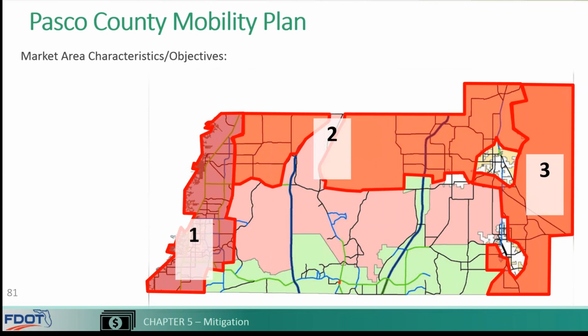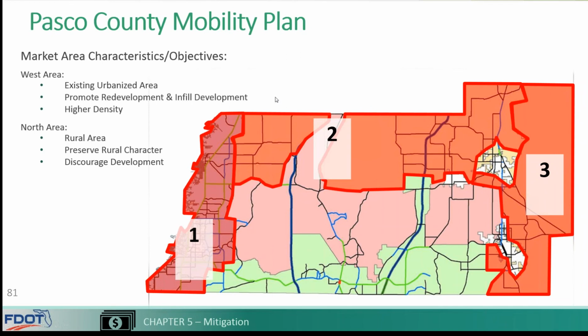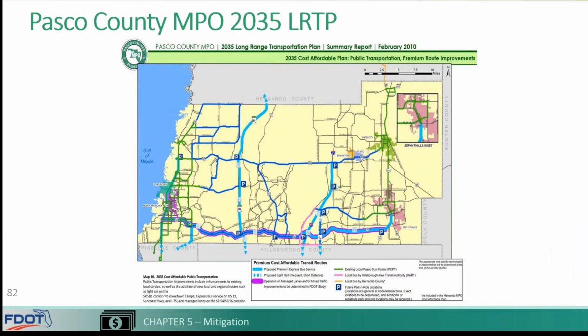So you can use the higher fees to be a disincentive to developing further away from the urbanized area. And they can also utilize tax increment financing and transfer of development rights to spur development and provide incentives.